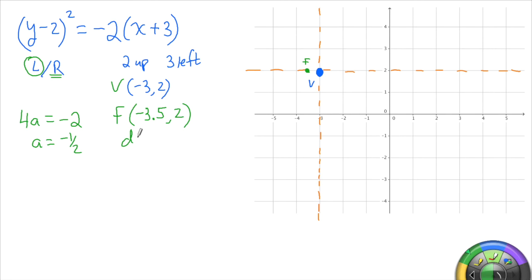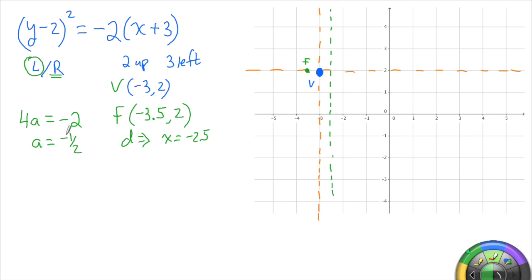So the directrix, D, is going to be the equation x equals. Now we need to take negative 3 and bring it back 1/2. So that's going to be negative 2.5. So the directrix would go here, straight up and down.